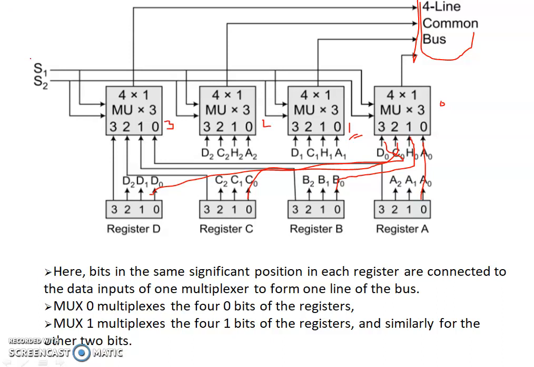Then S1 and S2 will be inputs given to all the multiplexers, which help in choosing the source register from the given 4 registers.